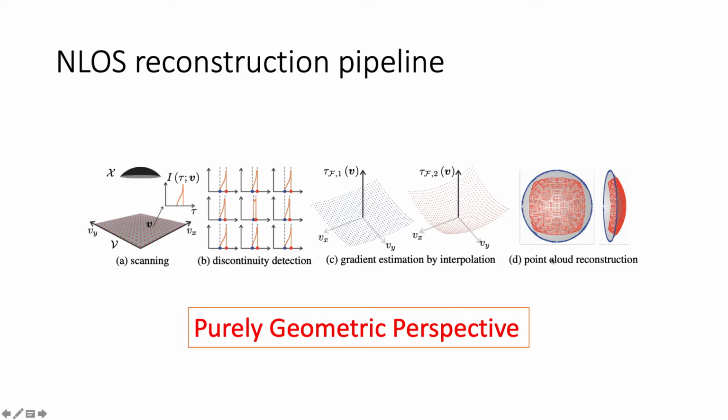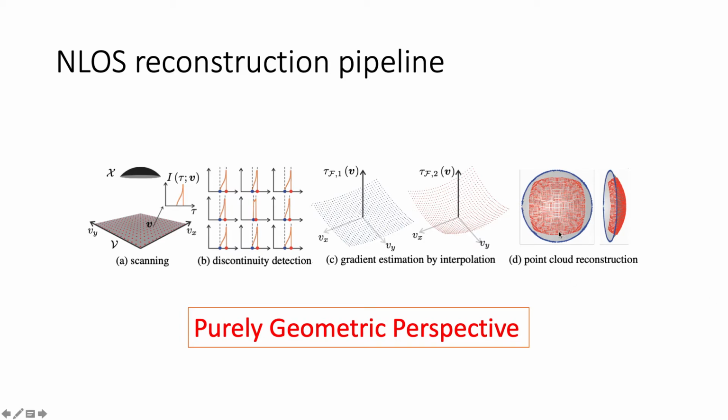In the process of reconstructing the non-line-of-sight object, the authors proposed the so-called Fermat flow equation. We reconstruct from each branch, a set of points either on the boundary branch tau_f1(v), the blue one, or the interior branch tau_f2(v), the red one, of the hidden shapes.